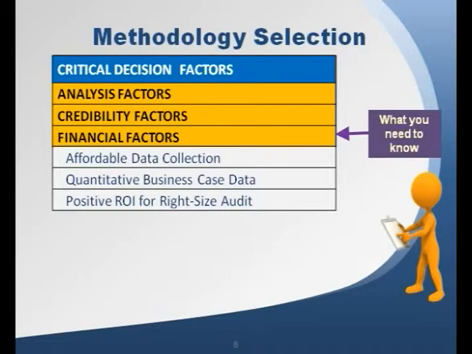Importantly, the methodology you select needs to provide quantitative data to support the change required. Otherwise, you're fighting a losing battle when it comes to justifying why change is necessary. And don't just shop on price. Instead, shop on ROI. Remember, if the price seems too good to be true, it's likely too good to be true.